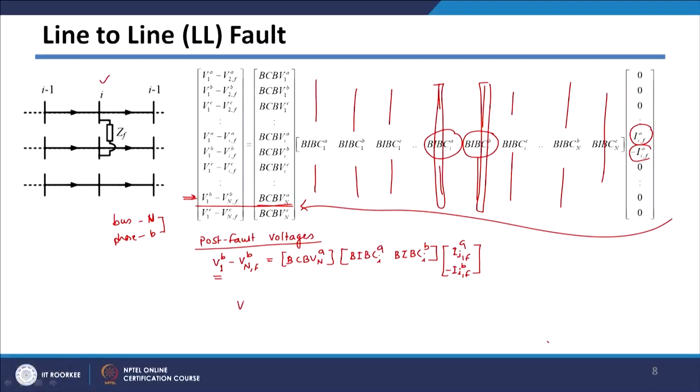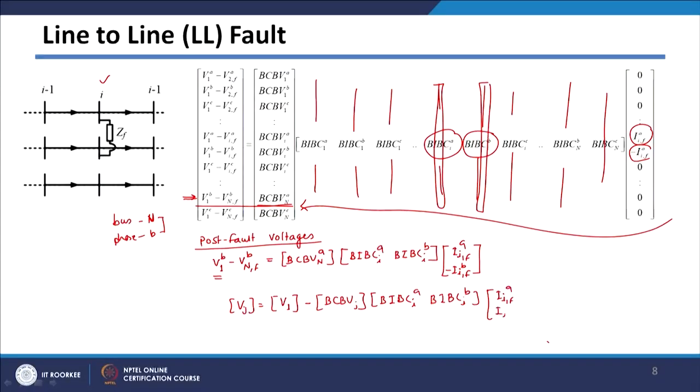So, we are having any jth bus of all the three phases will be equal to your voltages at bus number 1 for all the three phases, which will be minus, and then BCBV matrix corresponding to J phase multiplied by this part of the matrix will remain same for all the calculation, and then it will get multiplied by with respect to this one.